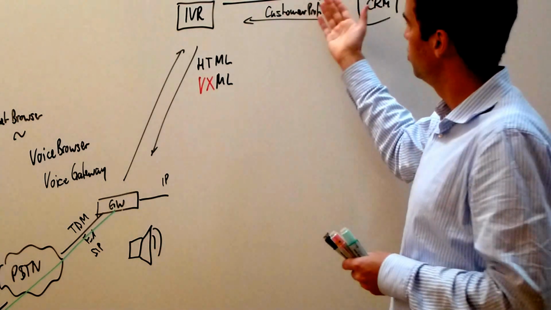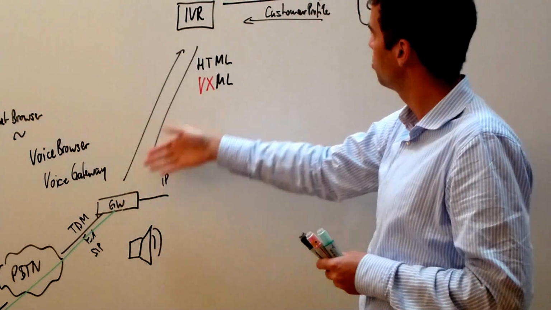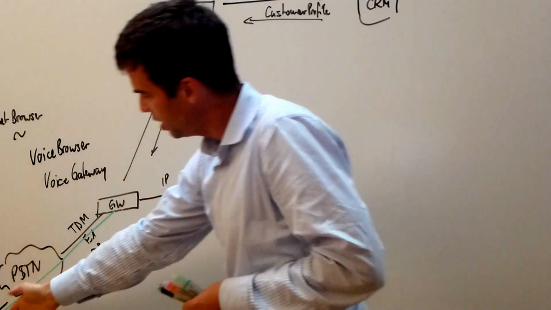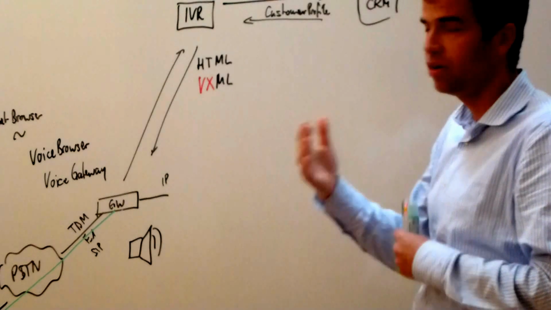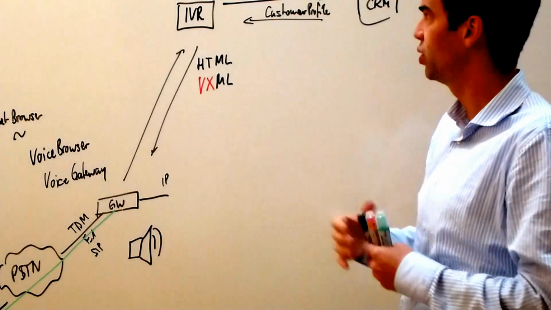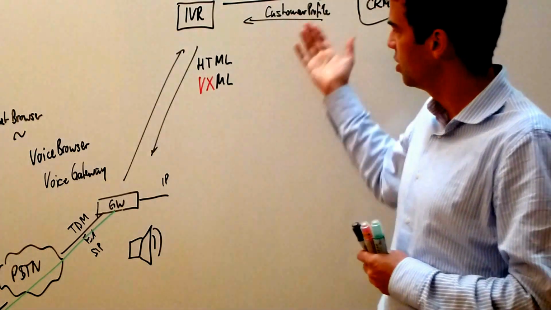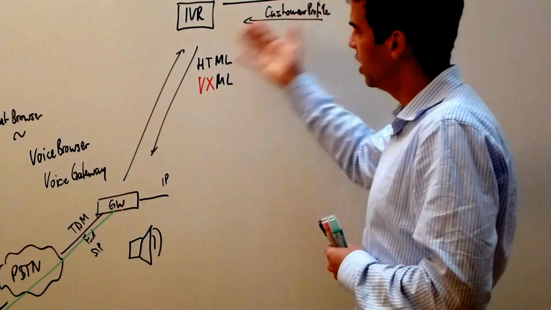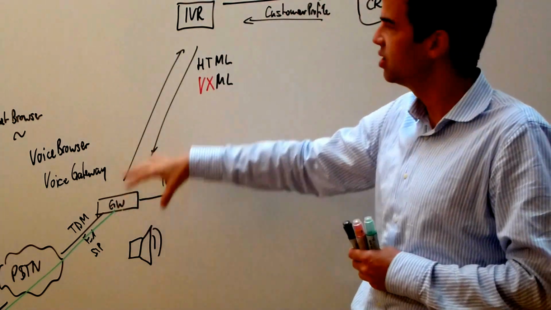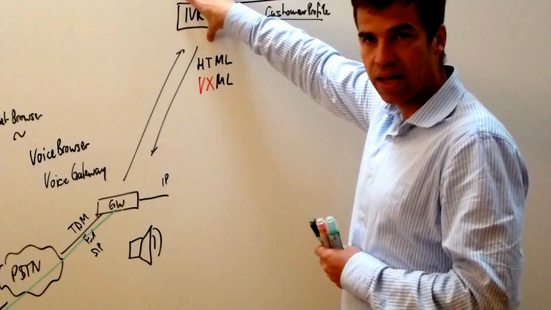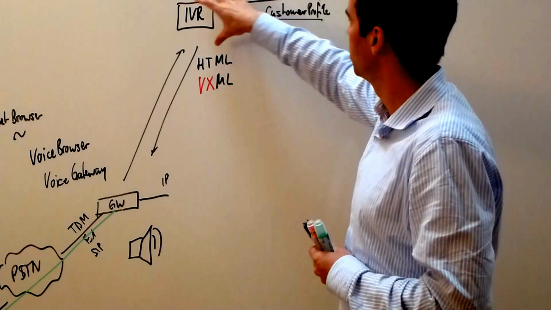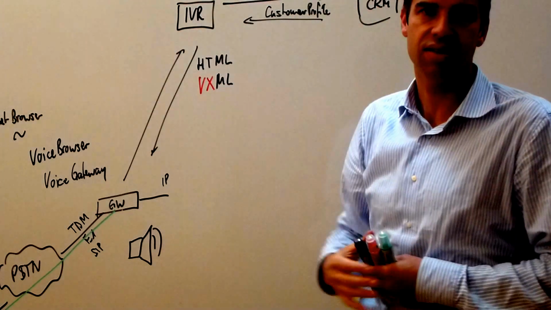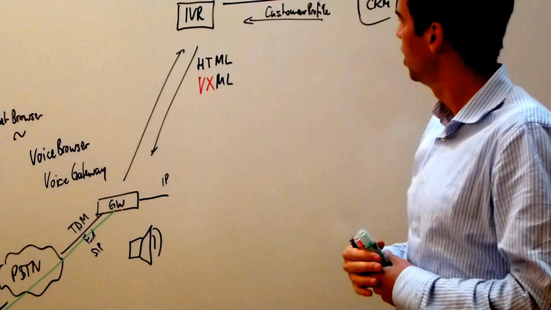You ask him to enter an account number, and you can make a speaker authentication based on the sound of his voice. You can verify whether this is actually who he pretends to be. You can basically do the same thing as a web server is doing. So instead of having e-banking over the web, you can have phone banking over the IVR, because from an architectural point of view, it's exactly the same thing as e-banking.